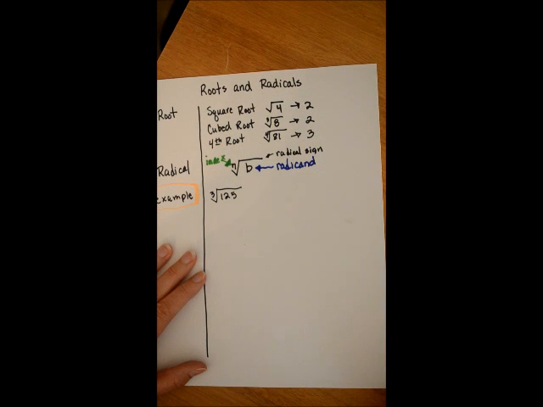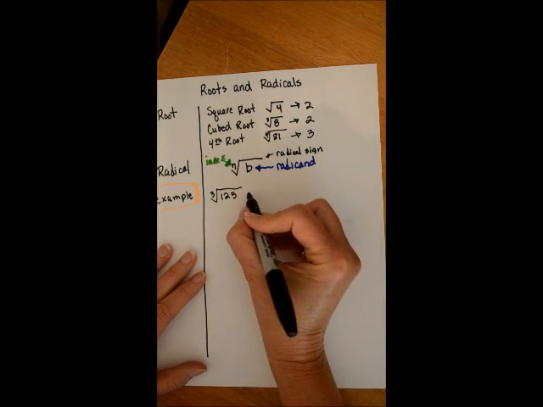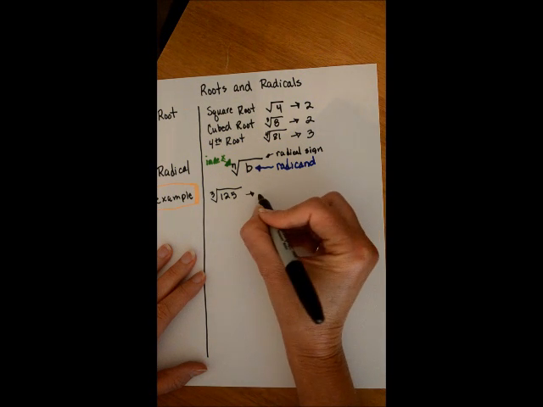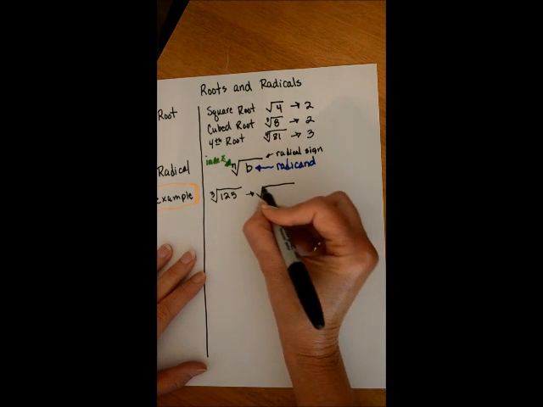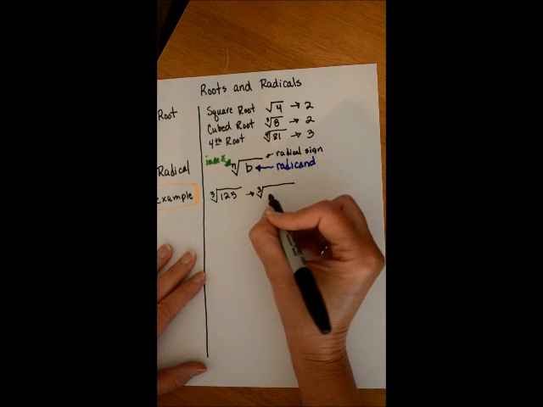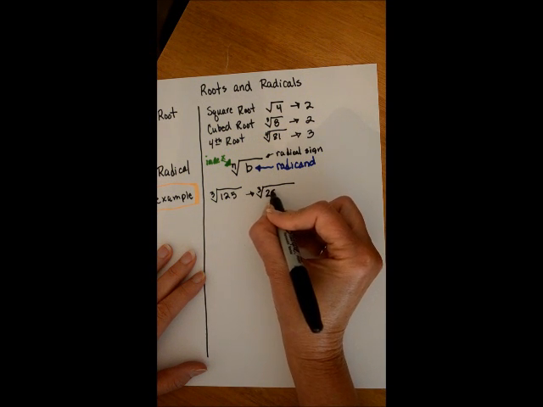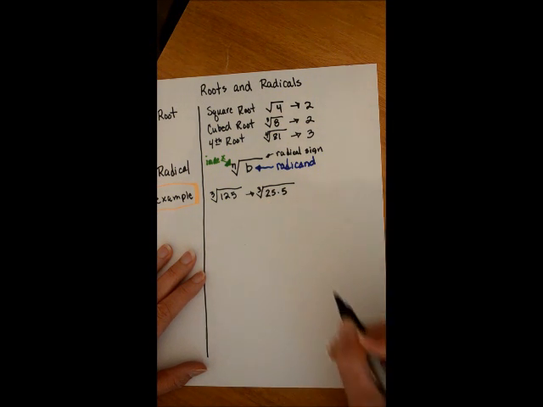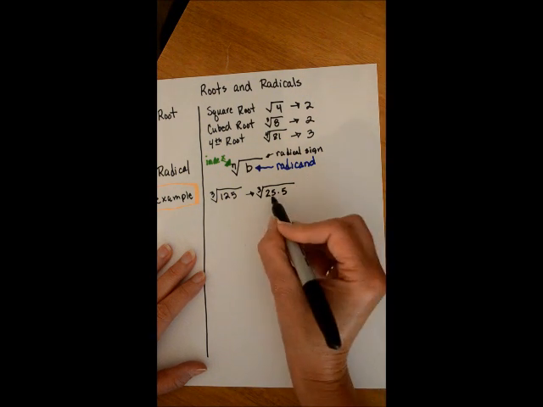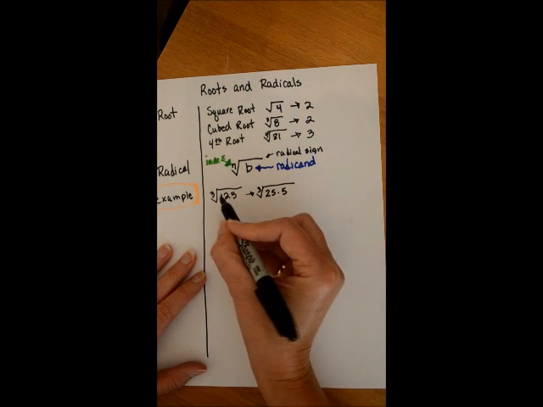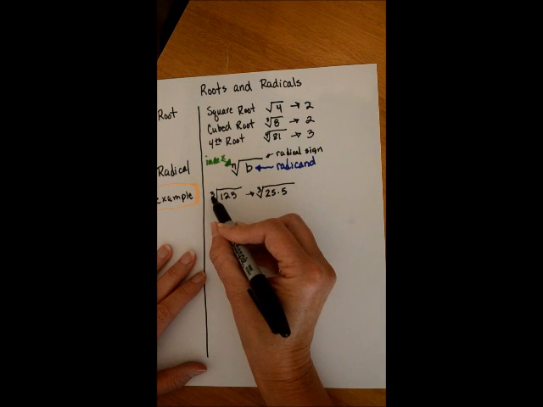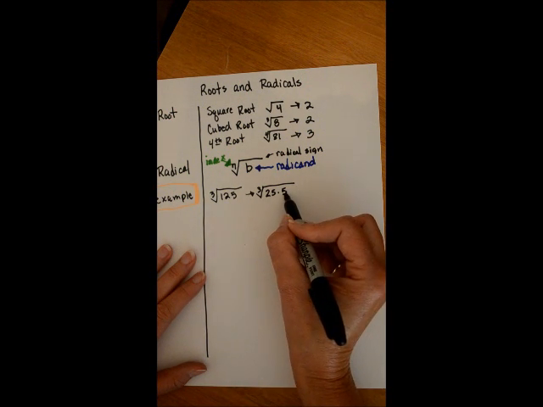Let's just say you don't know what the cube root of 125 is. Maybe you do, maybe you don't. It is one of the common ones. But let's just say you don't. This is what you're going to do. You're going to break that guy down. 125. I can tell 25 goes into it 5 times. Well, that doesn't help me exactly, because I need 3 things. 3 of the same thing, right?